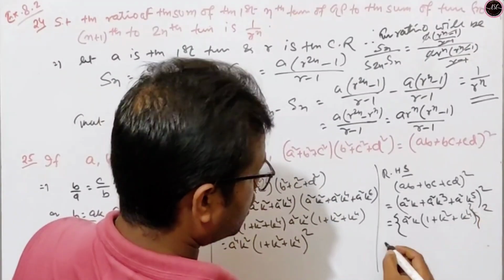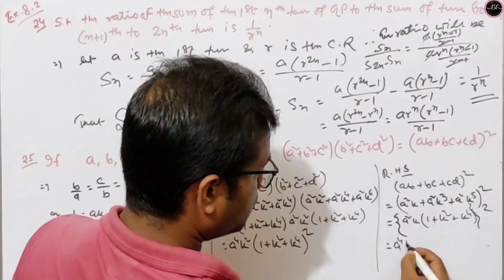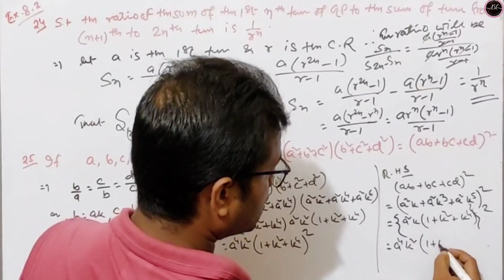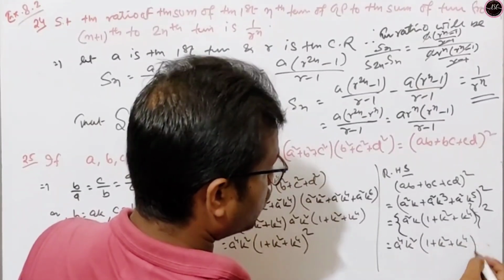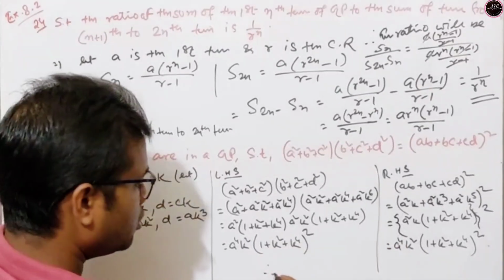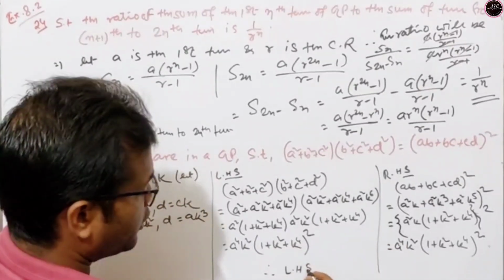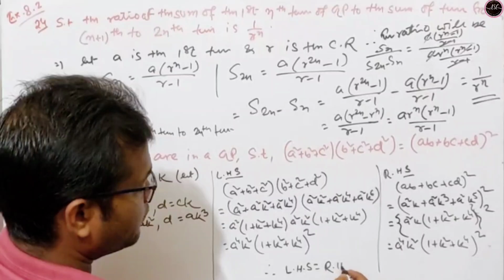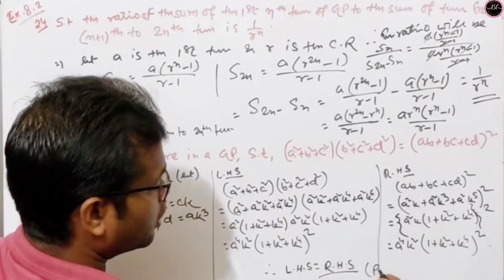So this will be A to the power 4 K square into 1 plus K square plus K to the power 4 whole square. So LHS equals RHS. Proved.